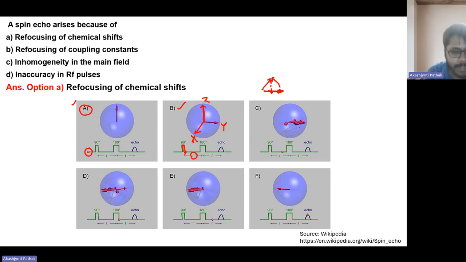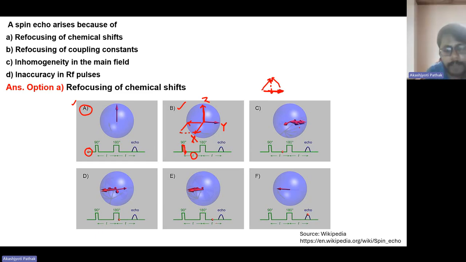At the end of the 180-degree pulse, all my nuclear spins will be in the minus y axis, in the x minus y plane.